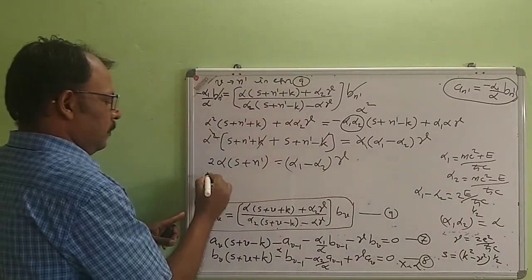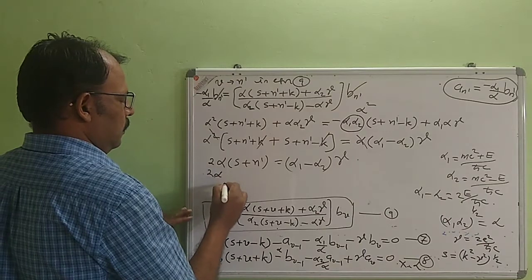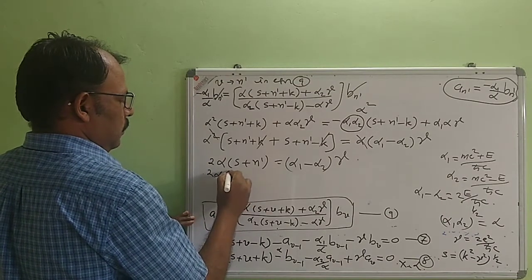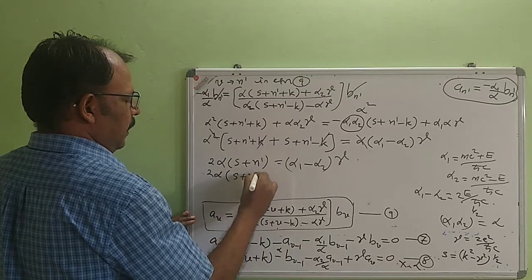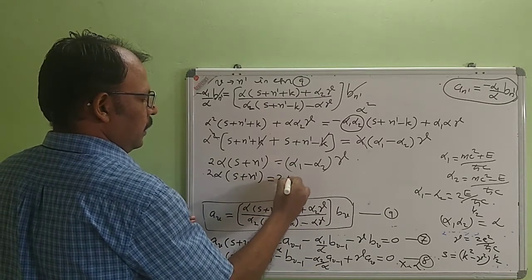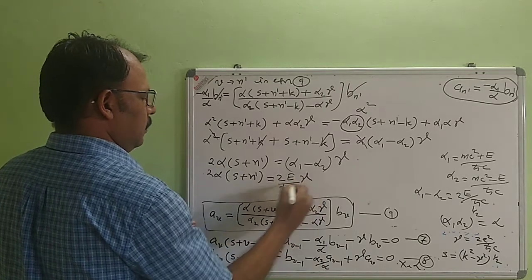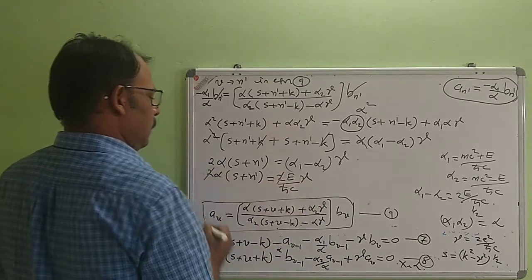So this term, 2 alpha into s plus n prime is equal to 2E by h bar c gamma. This 2 will get cancelled.